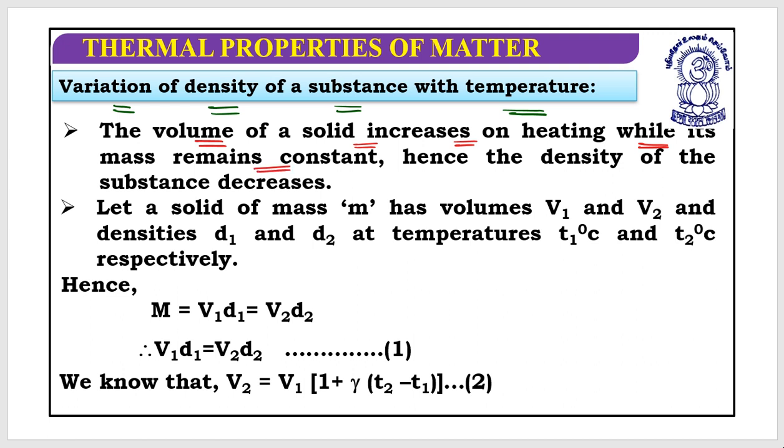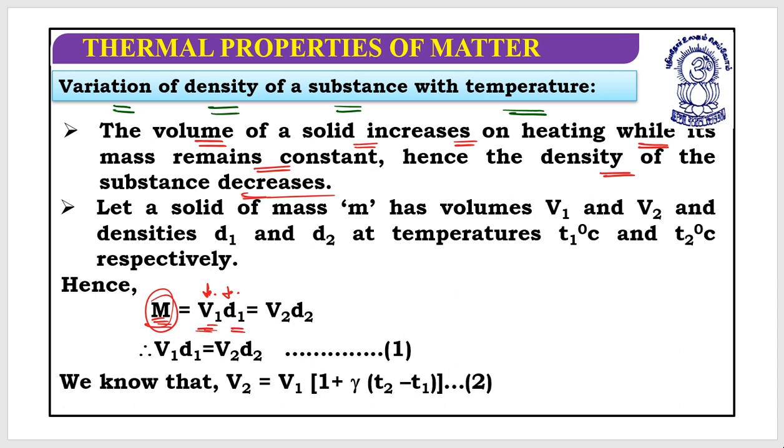We understand that mass equals volume into density. So when I heat up the substance, its mass remains constant but its volume is going to change. And hence, if volume changes but mass is constant, the density must change; the density of the substance must decrease.